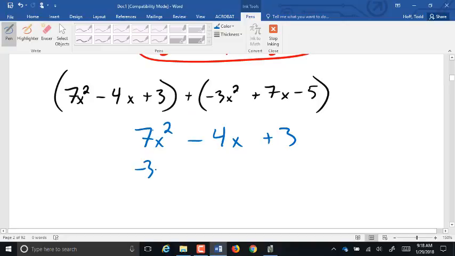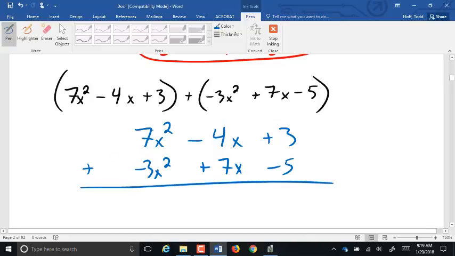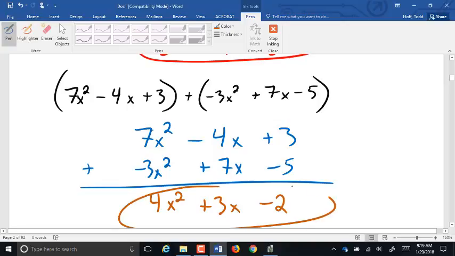We put the negative 3x squared under the 7x squared, positive 7x under the negative 4x, the negative 5 under the positive 3, and we are adding. What is 3 plus negative 5? Minus 2, very good. Negative 4x plus 7x, positive 3x, and 7x squared plus negative 3x squared, 4x squared. How many of you had that? Any questions on that?